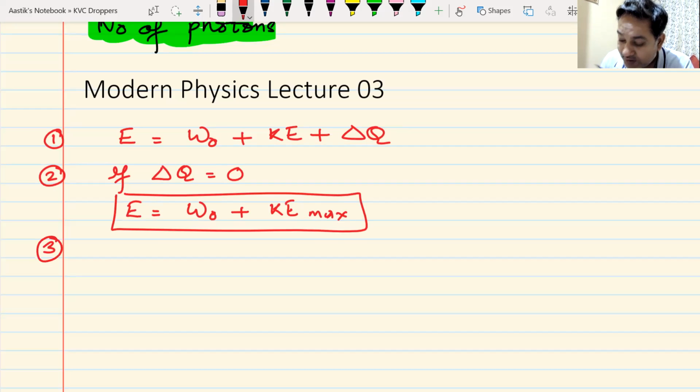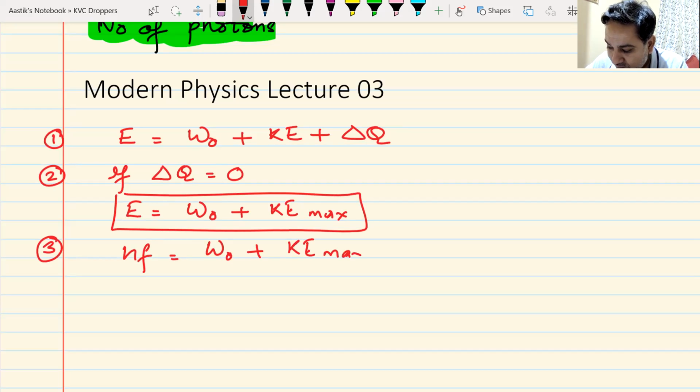In the third case, I'm going to write this energy as H into F. That will be equal to work function plus maximum kinetic energy. Do we understand this? Yes, sir. Now I can write this as HF is equal to H into F naught plus maximum kinetic energy.